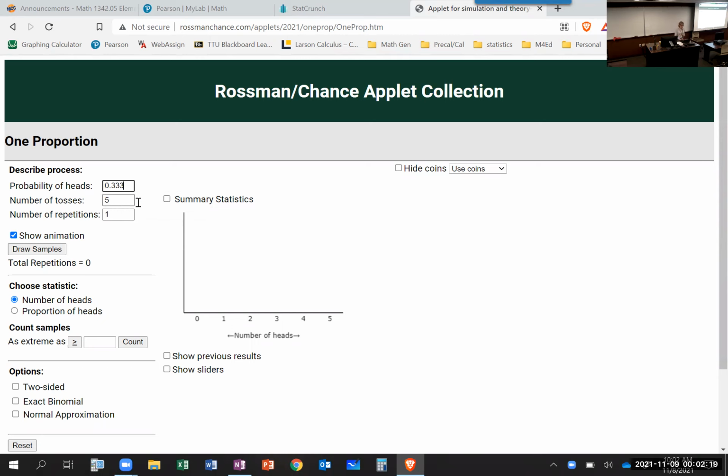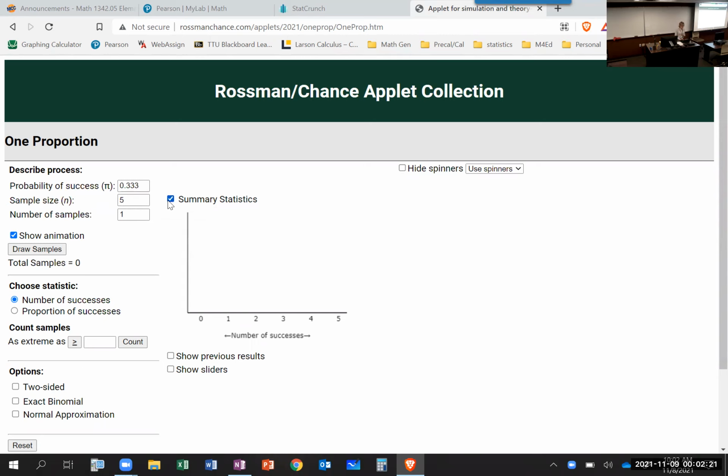And then the game that this person played, and notice as soon as I click someplace else, it changed it to pi, but it's still the capital P. The sample size: how many rounds of rock, paper, scissors did our person play? They played 20 rounds.